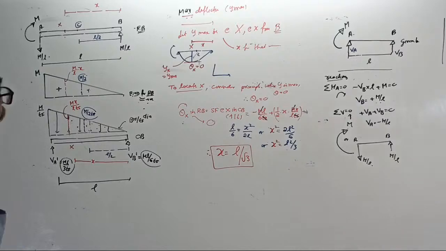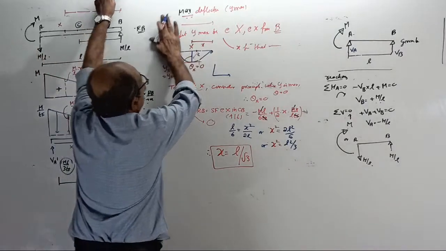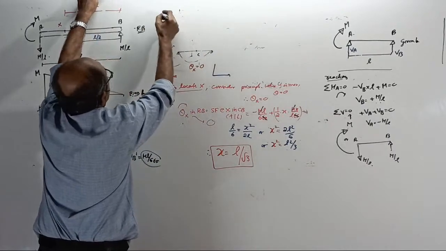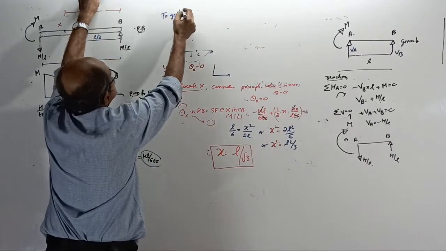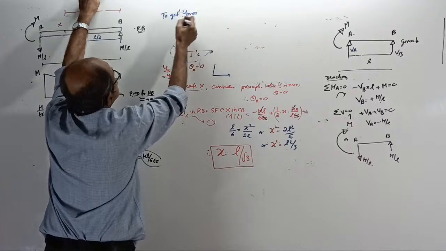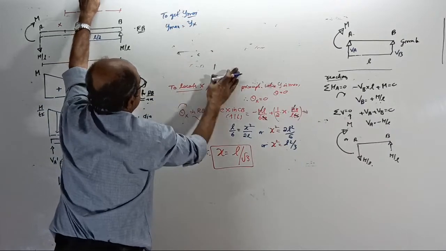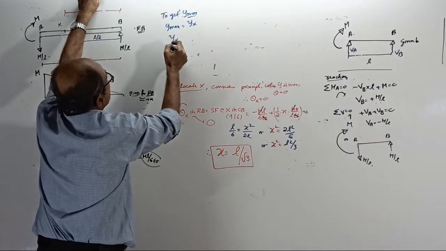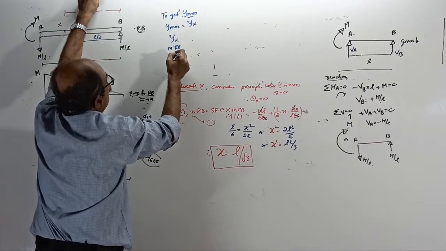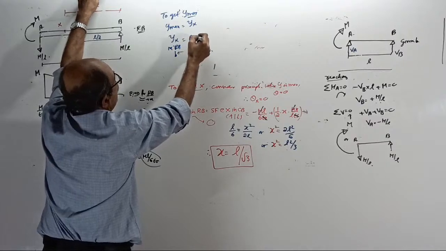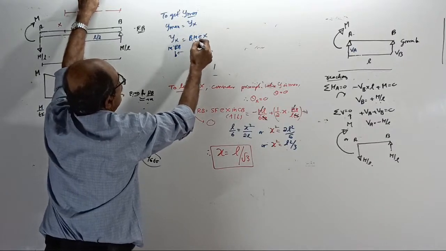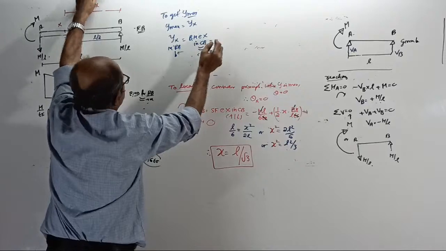Okay, now, last step. This I will remove now. Now, to get y maximum, it is y at x. Y at x in the real beam downward equals the bending moment at x in the conjugate beam, sagging positive.